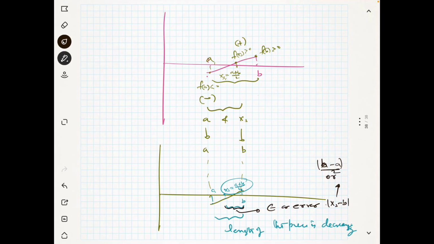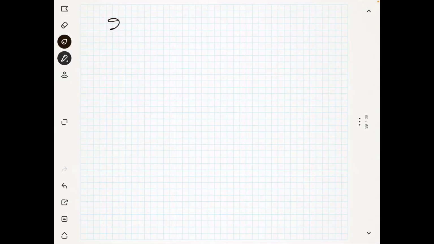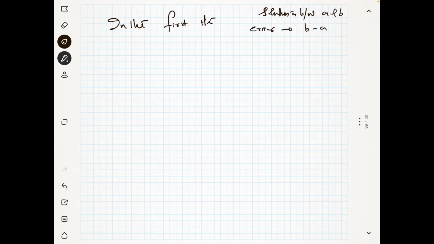So what is happening in the first iteration? In the first iteration, you have the solution between a and b. So initially you can expect the error of b minus a.